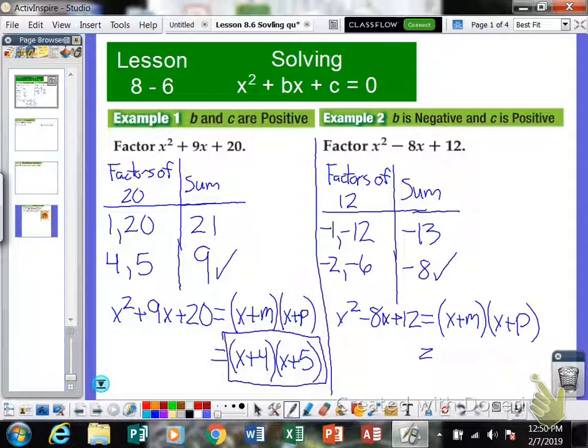Again, our m and our p are going to be the two terms that we found that gave us the sum of our b, in this case negative 8. So we have x minus 2 and x minus 6, and that would be our answer there. If you FOILed that, you would get x squared minus 8x plus 12.